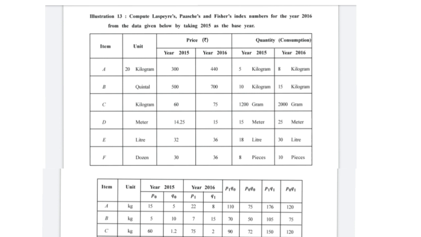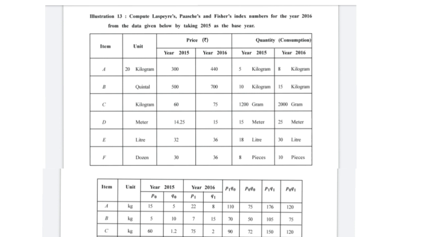Quantity same, Q0 and Q1. But see over here, the price for 20 kg is given. We have to find the price per unit. So whichever number is greater, either of price or of quantity, we have to divide it by the number given in the unit column.